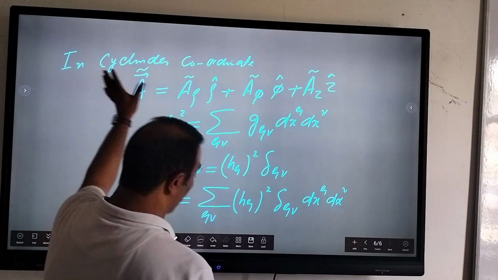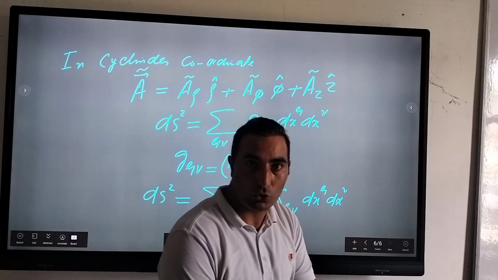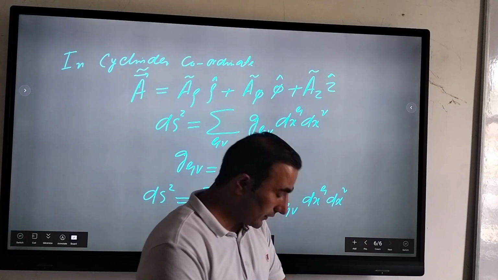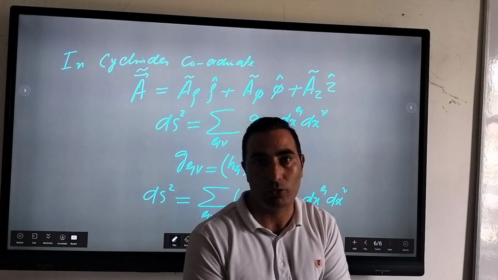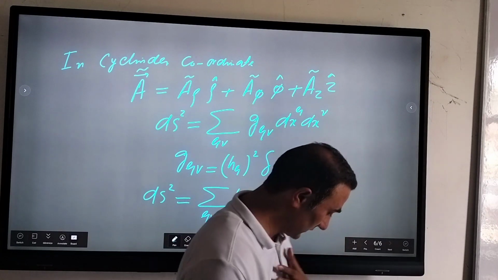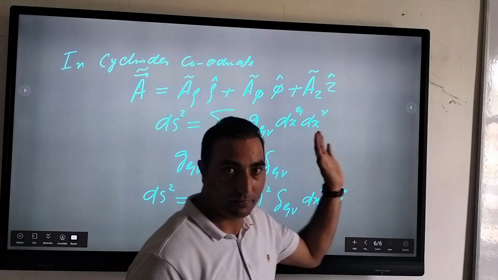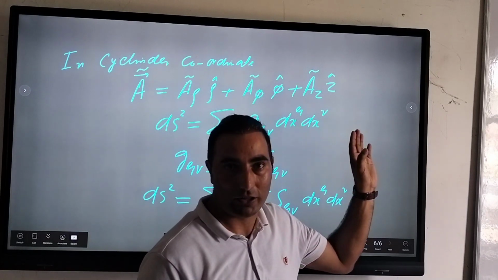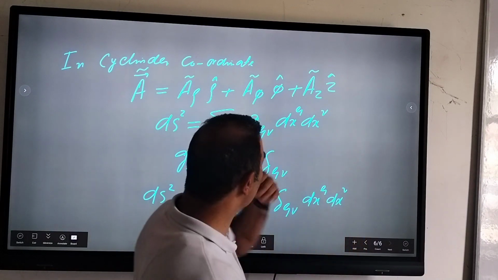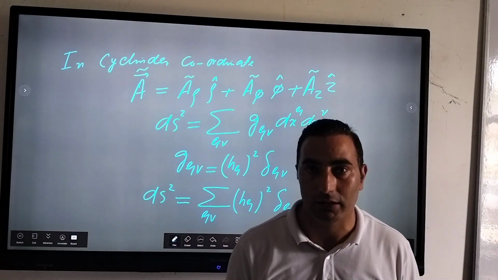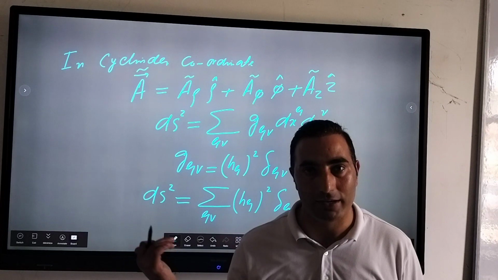So this is purely an ordinary vector. As I already told you, for an ordinary vector you write the coefficient of the nth unit basis in some orthogonal system, and that is in an Euclidean space. So that's how you can define an ordinary vector, right? And this vector I am expressing in terms of cylindrical coordinates, rho, phi, and z.